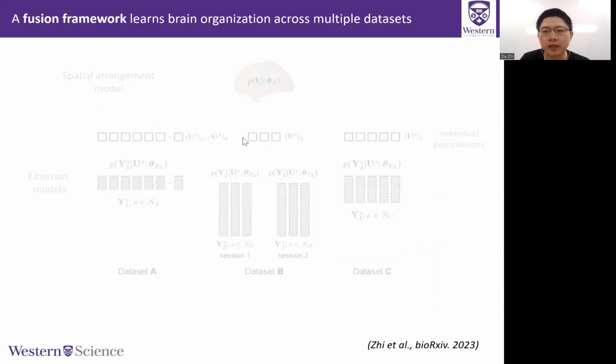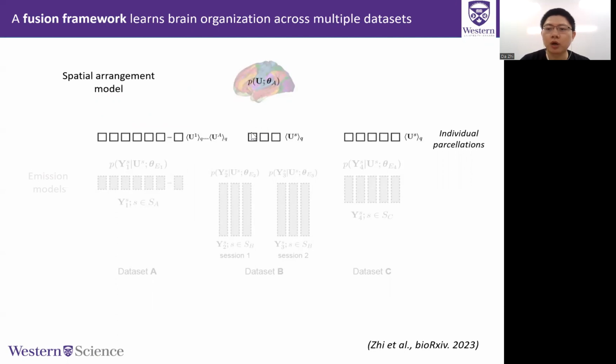To this end, we propose a hierarchical Bayesian framework. The central quantity, as well as the outcome of the framework, is the individual parcellation, a probabilistic or soft parcellation that links each part of the model. The top-level part is what we call the spatial arrangement model. It provides a group probability measure of how likely a certain parcel assignment of the brain locations is across the study population.